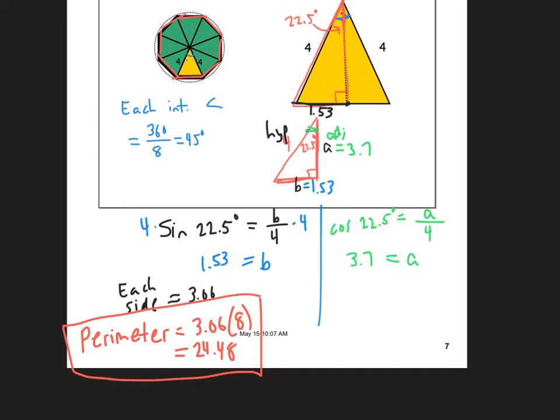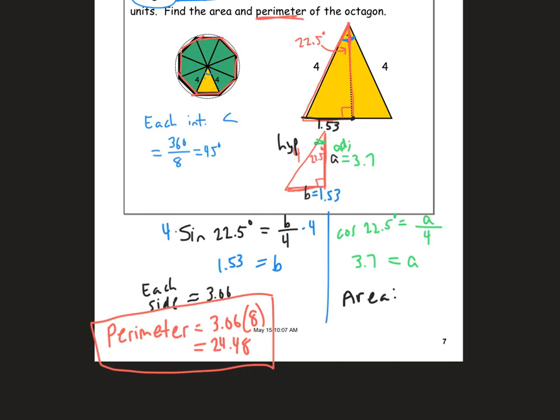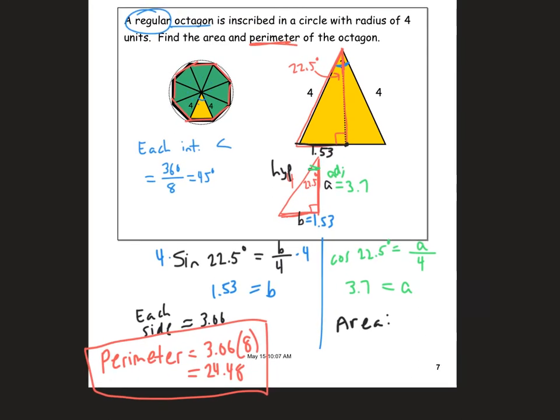To finish up with area, just like we did previously, we find the area of one triangle and multiply it by 8. The area of the entire yellow triangle is 1/2 base times height. The base of the triangle is one of the sides of the octagon, 3.06.